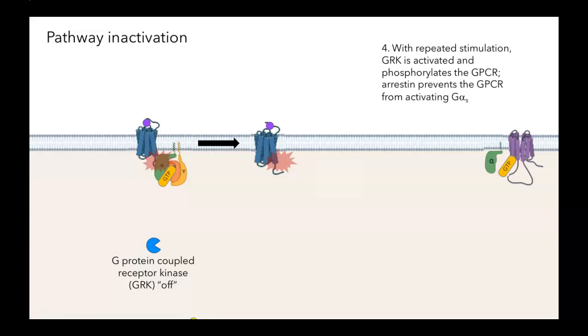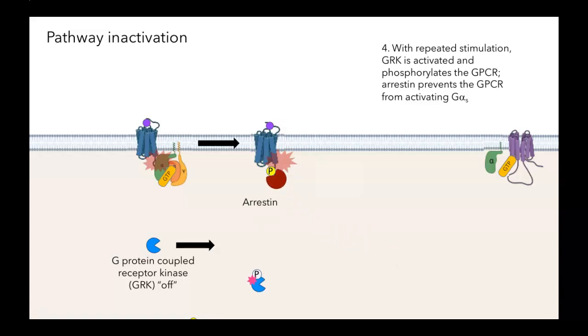So GRK, that G protein coupled receptor kinase, is normally off, but it can be phosphorylated, and when it is, it becomes activated. And one of the targets for GRK is the GPCR. It can go and phosphorylate the G protein coupled receptor on the cytoplasmic side. When this happens, it allows another protein called arrestin to come and bind there.